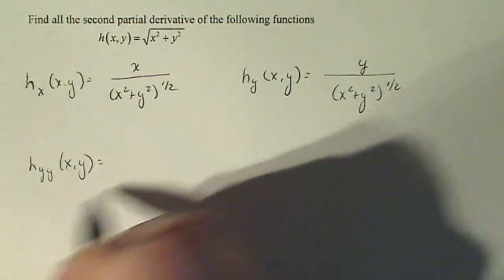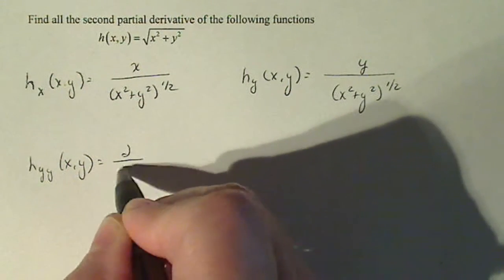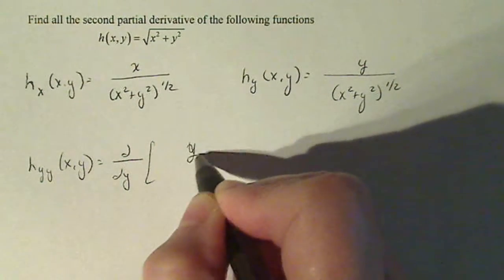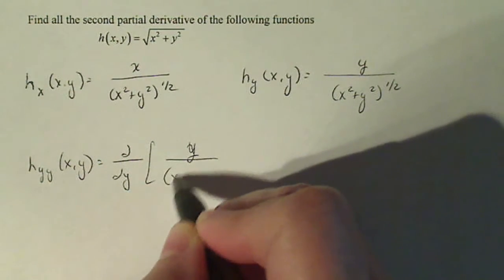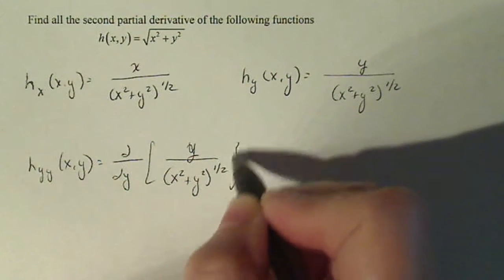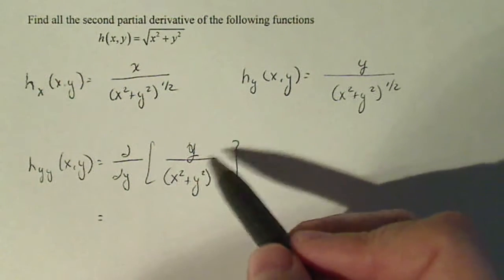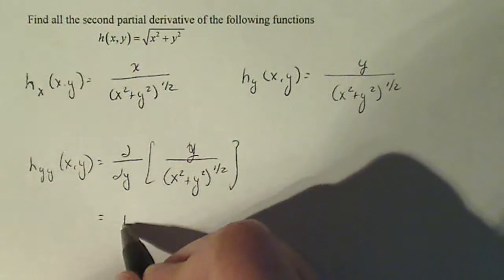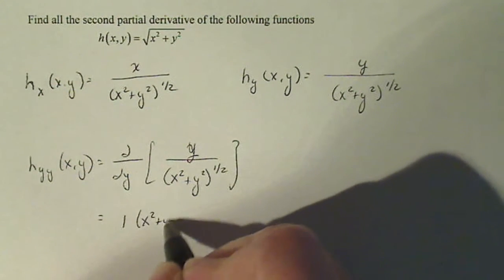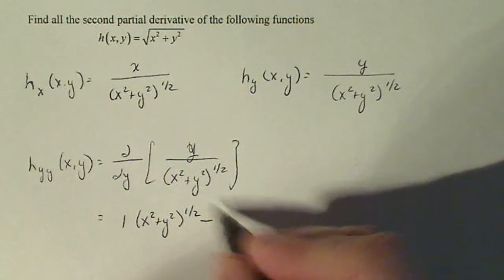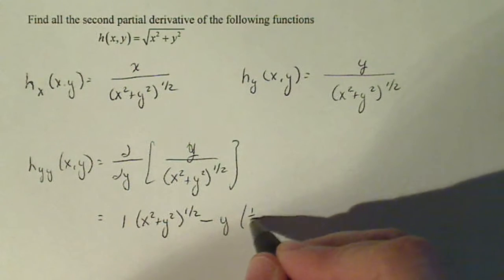So that means I'm going to take the partial with respect to y of this quotient. Now this time I'm going to use the quotient rule just to be different. So the quotient rule says I take the derivative of the top with respect to y times the bottom, minus the top times the derivative of the bottom.